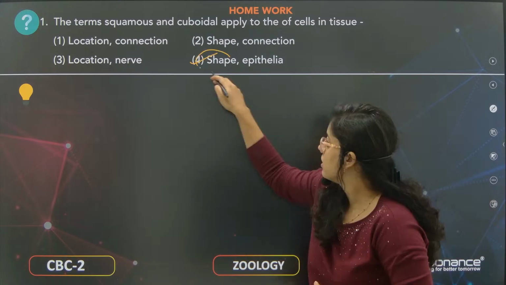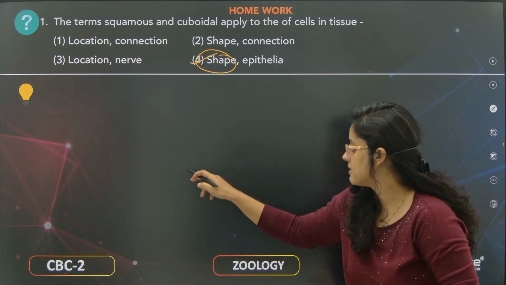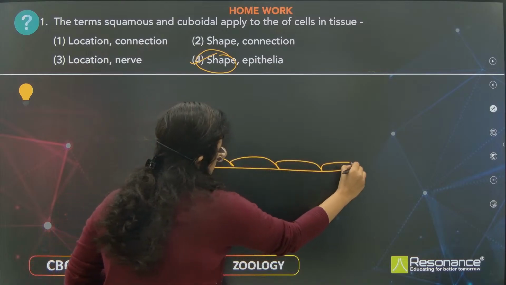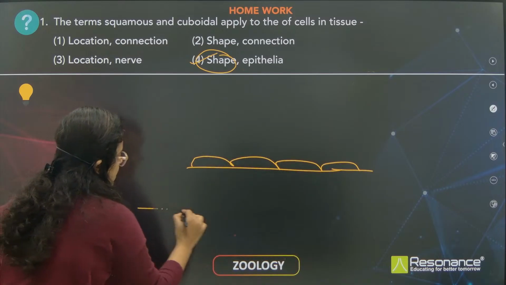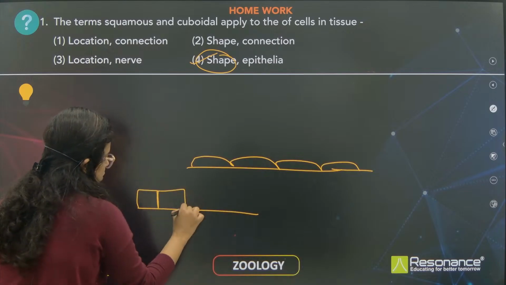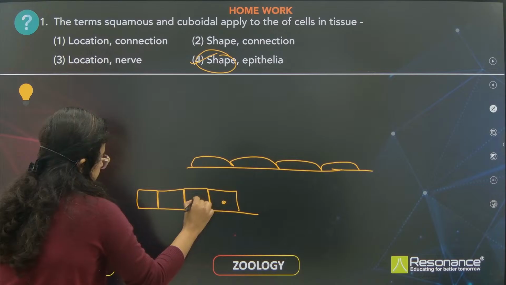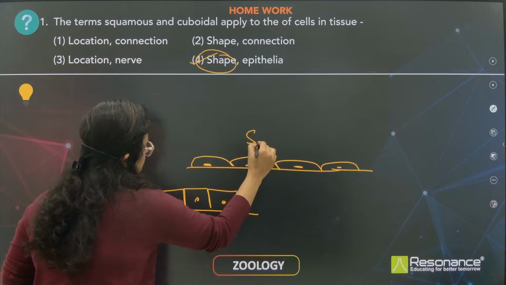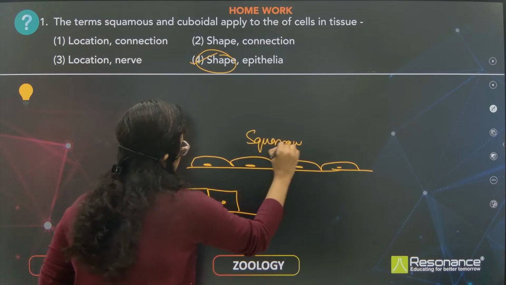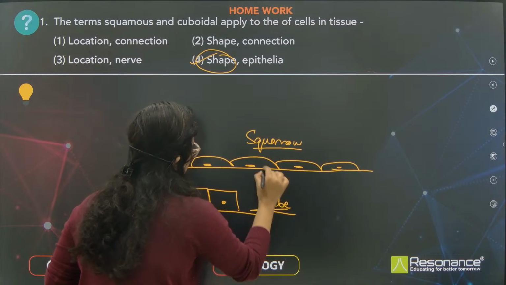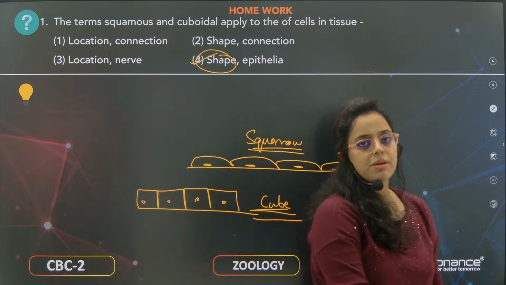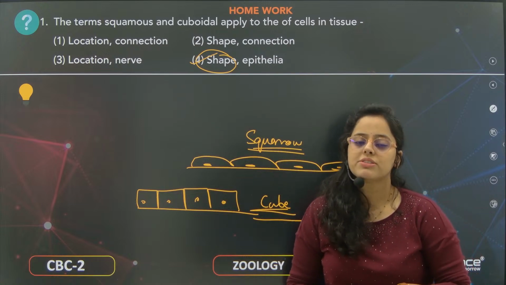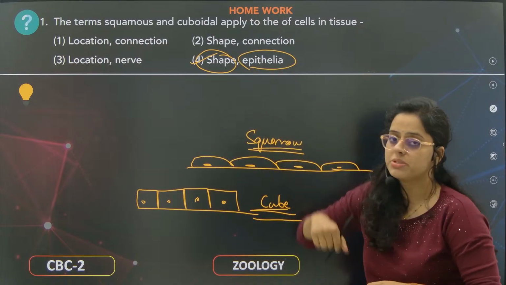Okay, the flat cells are called squamous cells, and if the cells are cuboidal, cube structures, then they are called cuboidal. So squamous and cube shape, which means shape is the correct answer, and the squamous and cube shapes are seen in epithelial tissue. So answer is going to be the 4th one.